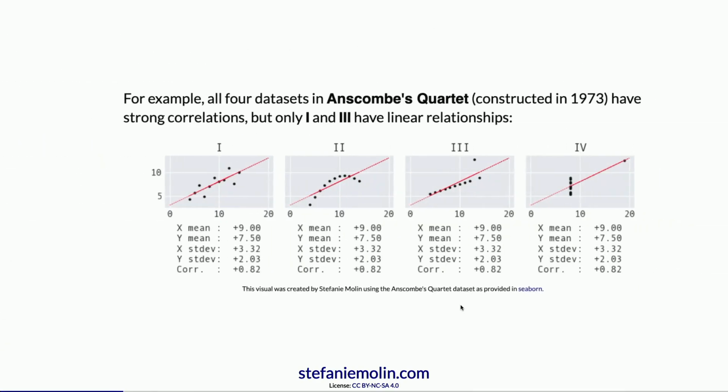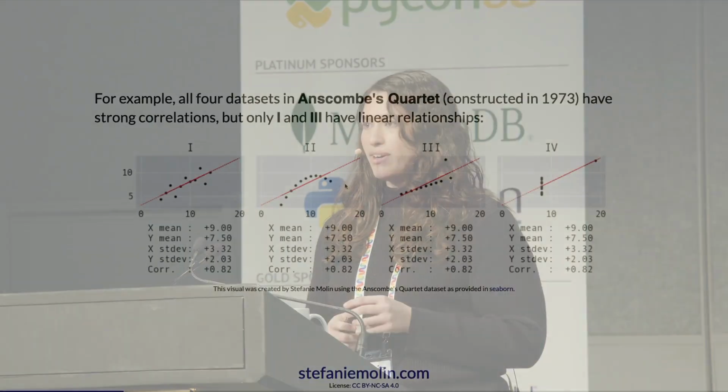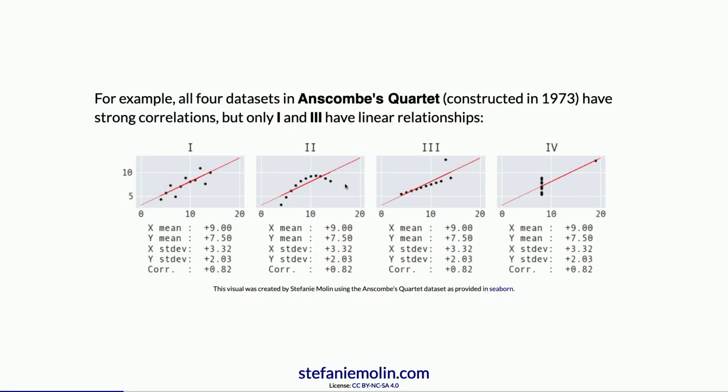But if we look at something like Anscombe's quartet, which I'm sure many of you have seen before, it's very commonly used in statistics courses, from 1973. Again, they all have the same 5 summary statistics across these 4 data sets. But the difference here is that this correlation indicates a strong linear correlation in all of these cases.